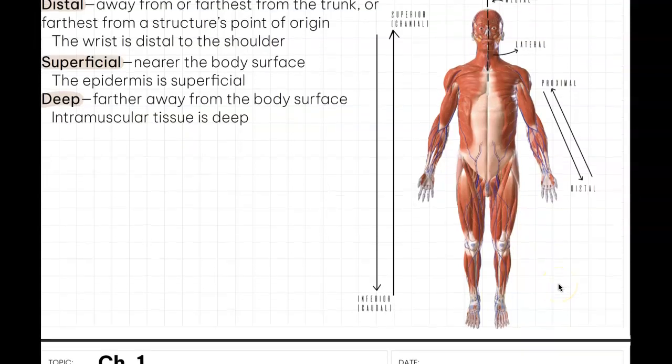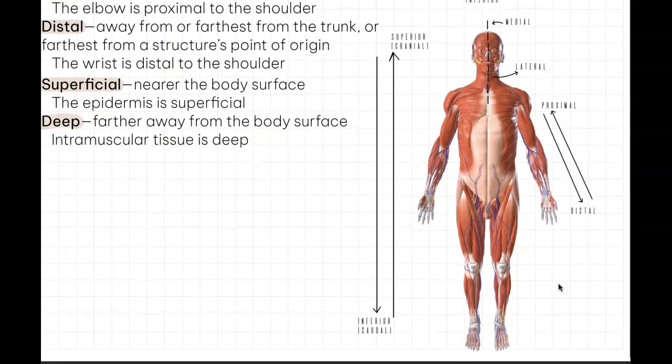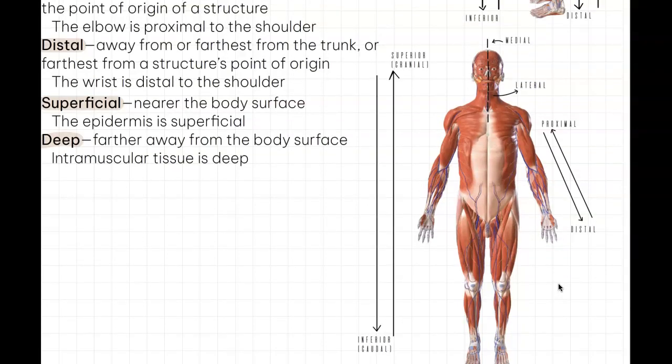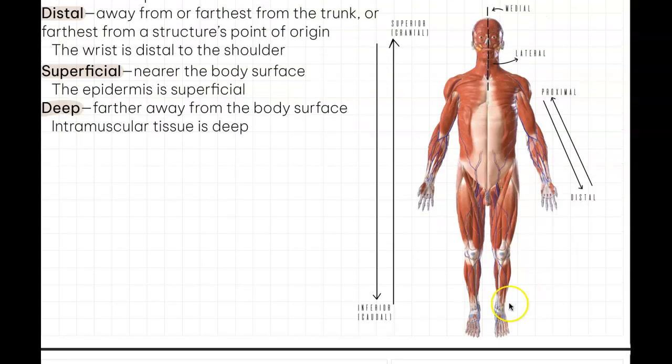One thing I do want to mention is that when you are looking at the anatomical position, your side is going to be opposite what the model's side is. If I'm looking straight at this anatomical model, my right side is over here, my left side is over here. What you need to be able to do is flip yourself around in your head into the anatomical position, or physically if that helps you, because this is actually the model's left side and this is the model's right side.